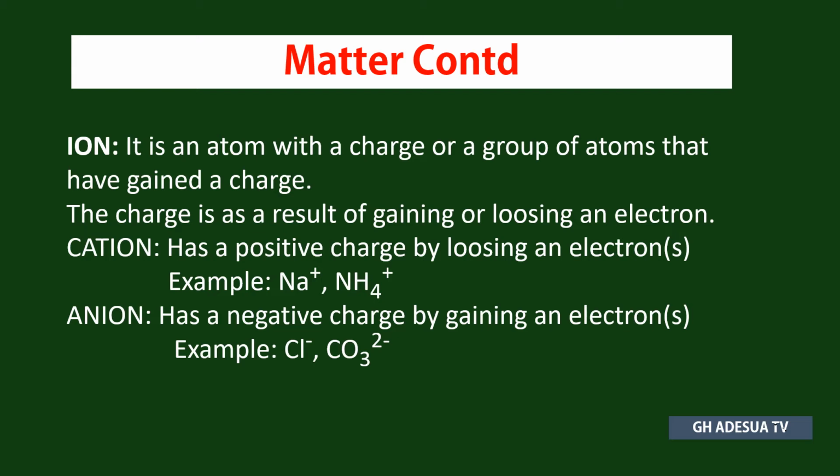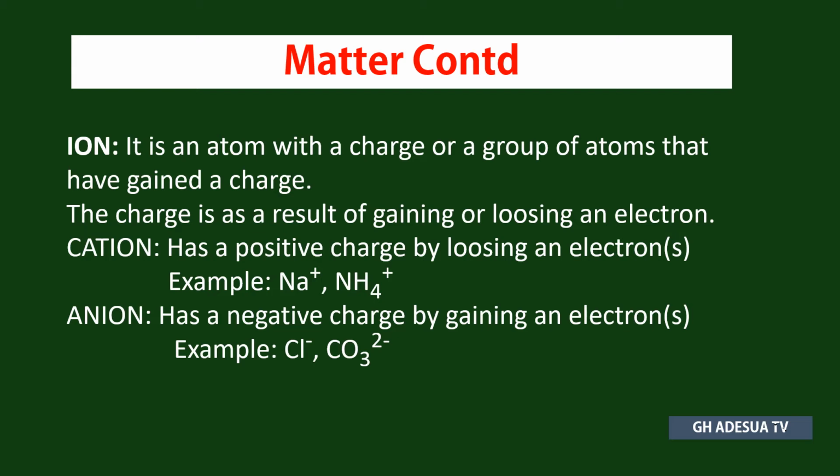Now, if you have a positive charge, how do you get that charge? Remember that atoms have negative and positive charges. The electrons in an atom have negative charges, then the protons have positive charges. Depending on whether you are increasing your electrons or losing your electrons, you become more negative or more positive.